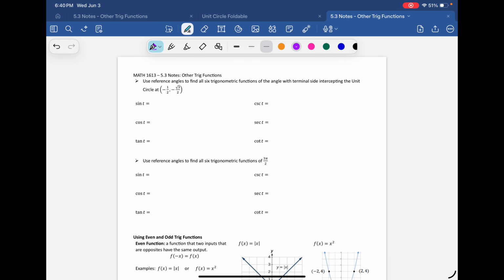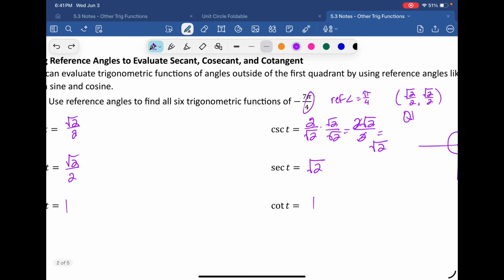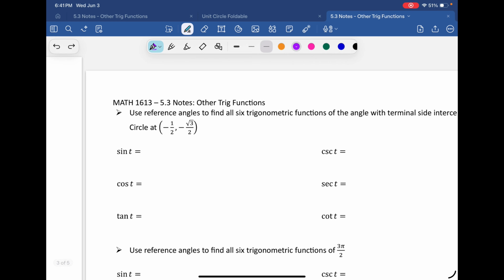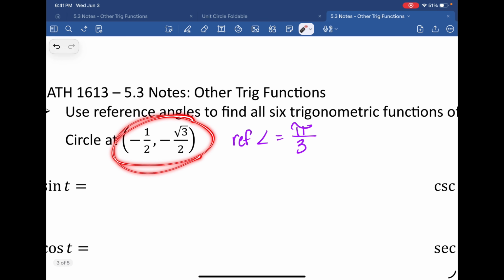Okay, so use reference angles to find all 6 trig functions of an angle with terminal side intersecting the unit circle. It's a lot of information. So the first thing I noticed with that ordered pair is that the x is 1/2, which means the reference angle is pi over 3. What quadrant does negative x and negative y put it in?